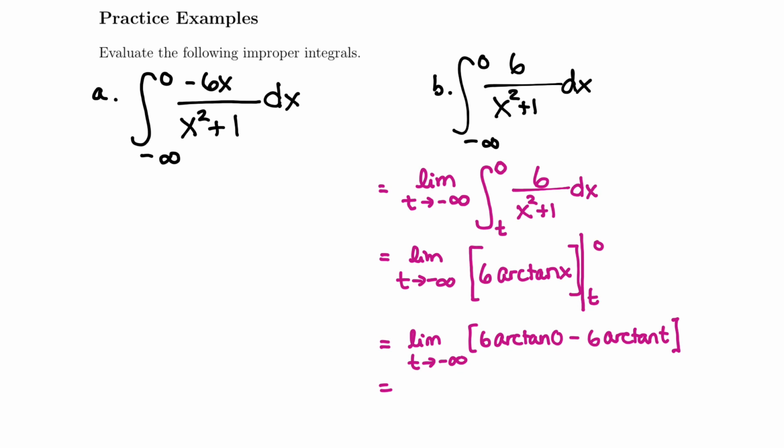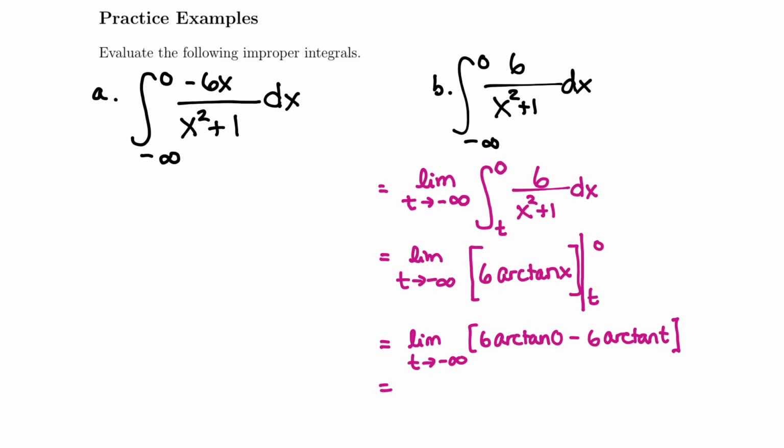Ooh, arctangent of 0. Guys know what arctangent looks like? I just did that with all of my Calc 1 students. Remember what arctangent looks like and what the limit is? Anybody remember what arctangent looks like? What does tangent look like? It's the S, right? So arctangent goes on its side.